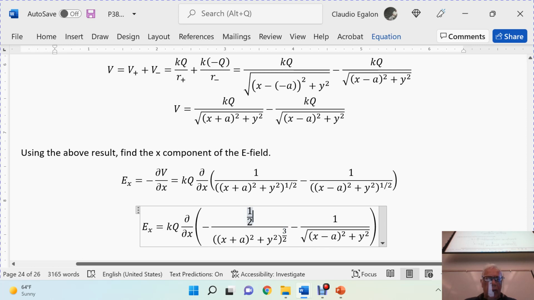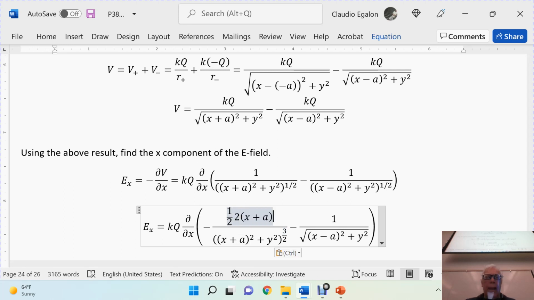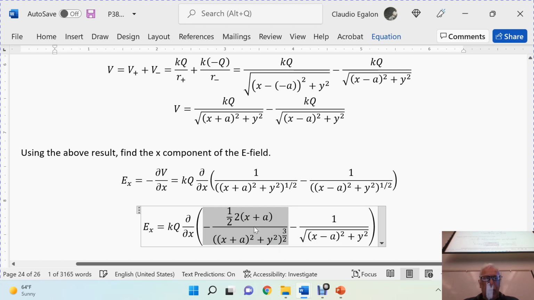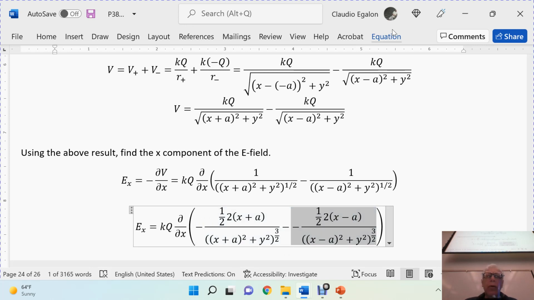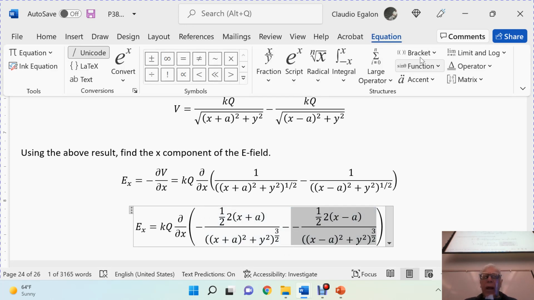We have to differentiate this term, right? It's going to become 2x plus a. And something similar happens to the next term, but with a exchanged sign. Since we have minus minus, let's put the parentheses as well.